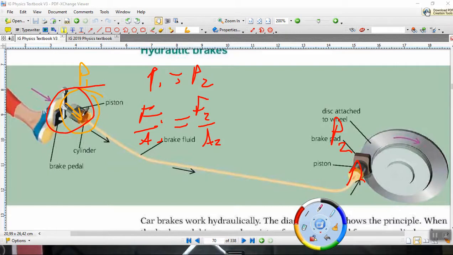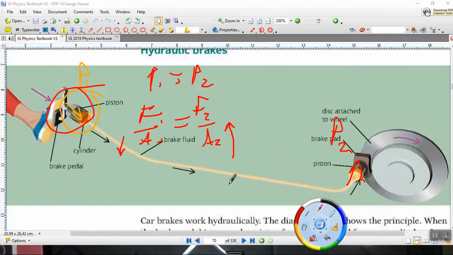So if the areas were the same, the forces would be equal. But we know that if you have to press with your foot against the tire of the car, your foot is not going to have enough force. So what we want to do is use this and manipulate it. So what we'll do is we'll have a very small area here and a very large area there.